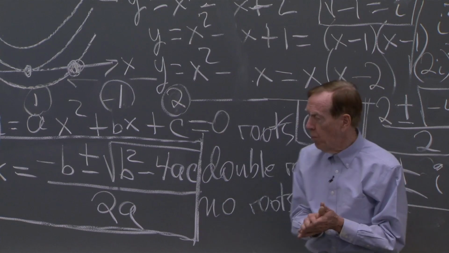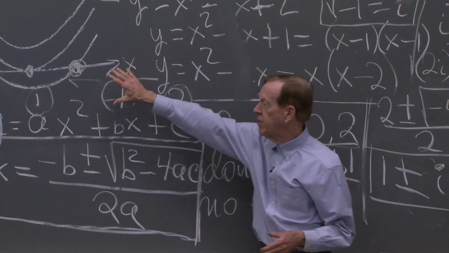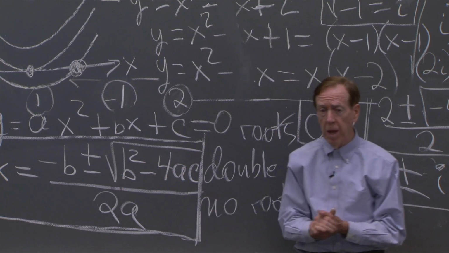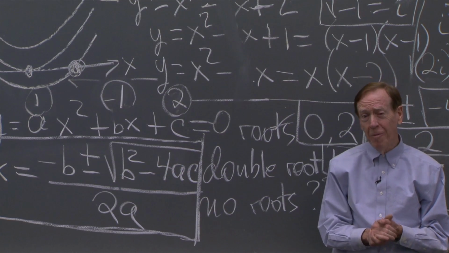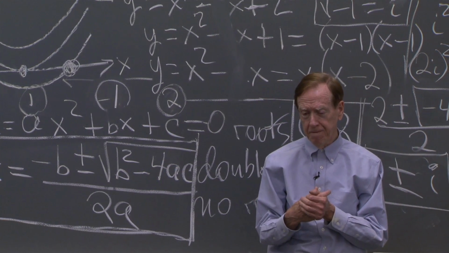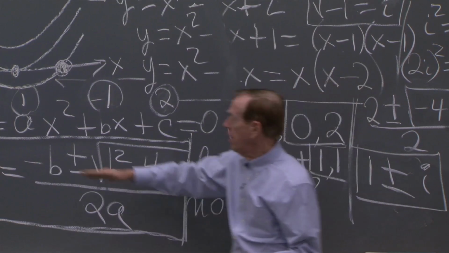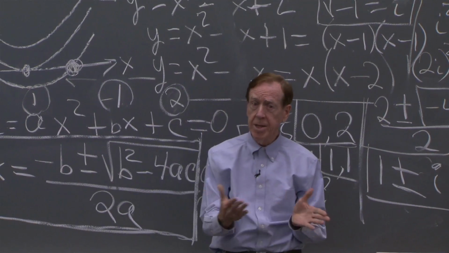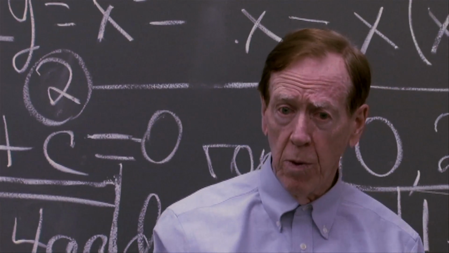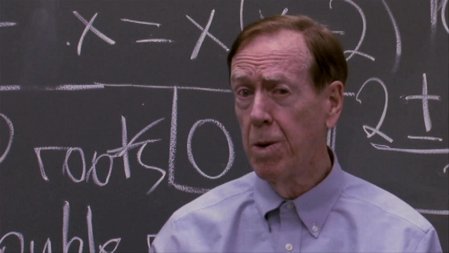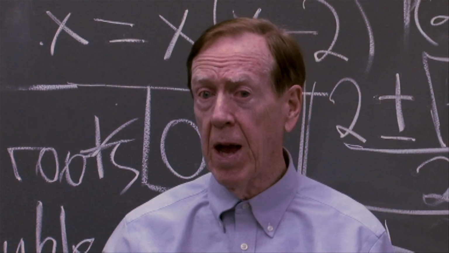So part 1 will be the graphs. Part 2 will be using the formula. Now for part 3, I figure out the slope of this curve. The slope of a curve, of course, that's a calculus question. So I'm really taking a leap into a few minutes of calculus.